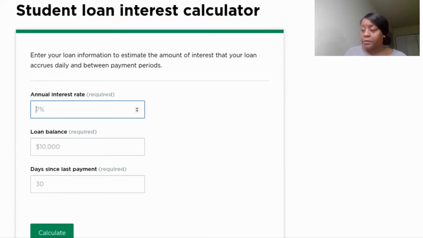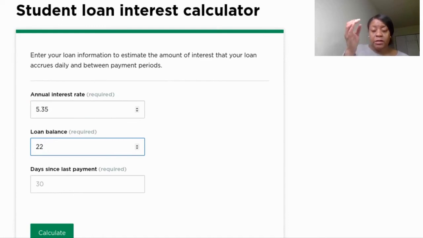It was very close. So the interest on FedLoan G10 is 5.35. My balance is 2263.84, but I'm going to do 2264. It doesn't like decimals. If you put anything like change in there, it'll turn red and it won't work, so you have to change it.